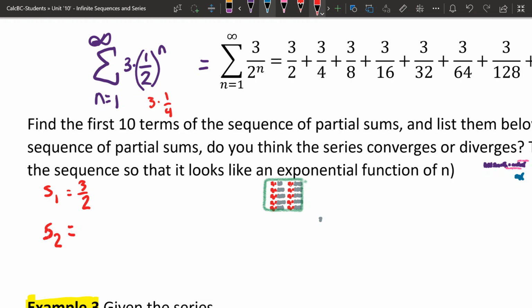So 3/2 plus 3/4. All right, and that would give us 2 2/4. And we could keep going, but that's going to get kind of tedious. So let's look at how we can do this in our calculator.